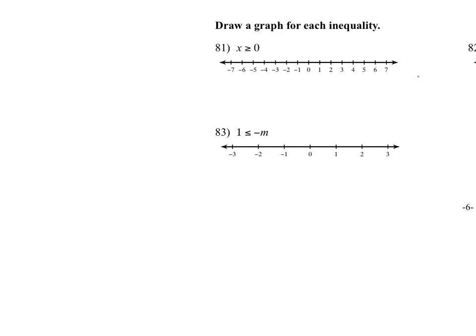Okay, so the next section here is graphing inequalities. The only rule you really have to remember is when you multiply or divide by a negative, the inequality sign actually switches. So I'm going to be talking about, let's say, number 83. And so 1 is less than or equal to negative m. I don't want to know what negative m is equal to or greater than or whatnot.